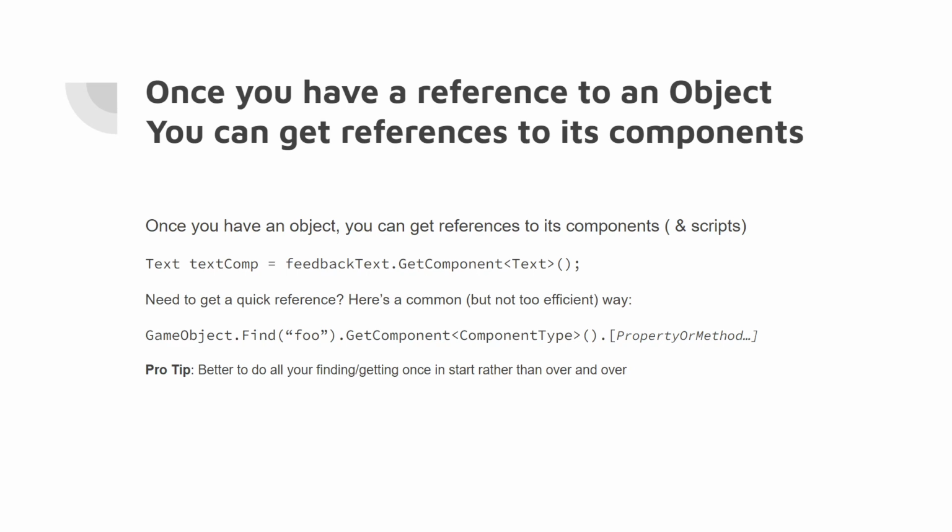So game object.find foo, get component of whatever type, and then we can ask it about its properties and so on. Now, pro tip: as you get more advanced, as you get more game objects, and you want your game to be more efficient, consider the length of the line of code.